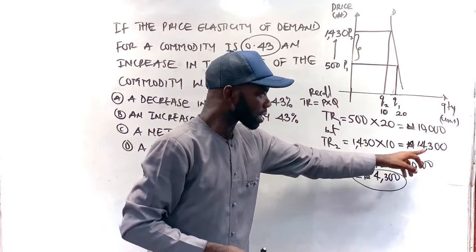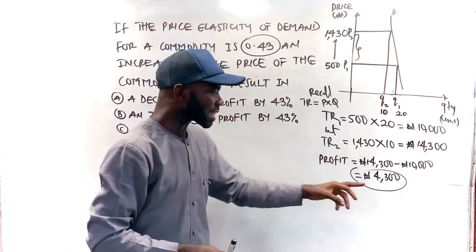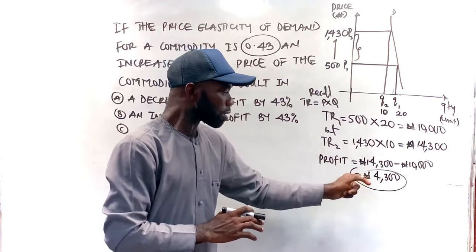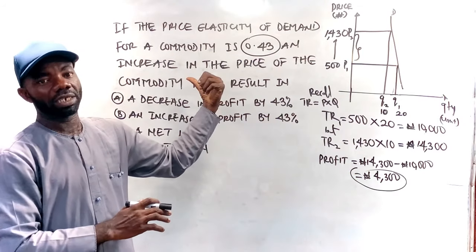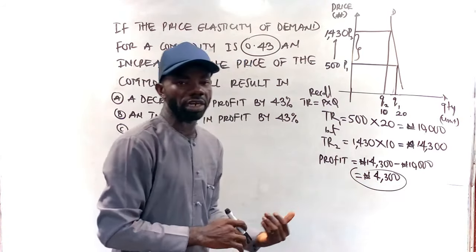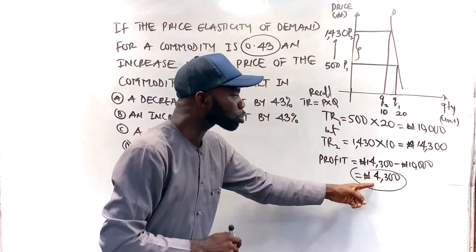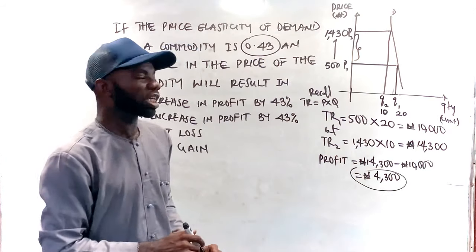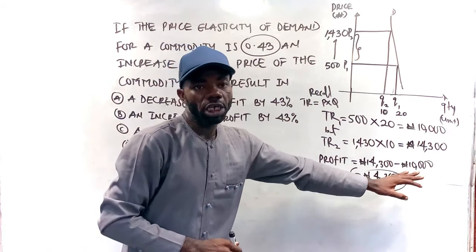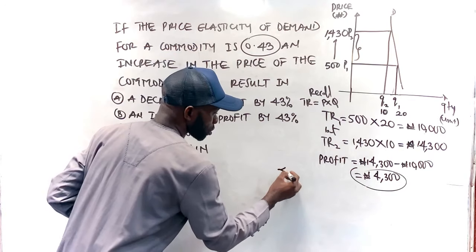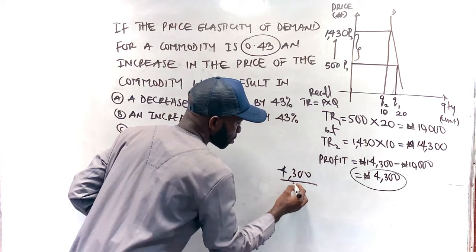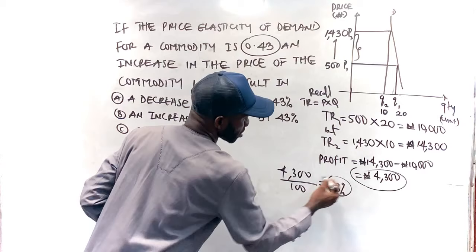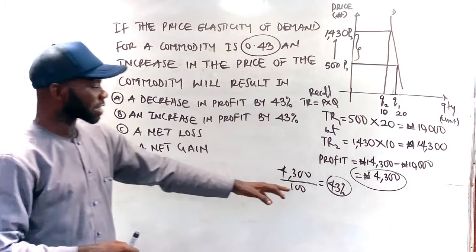Check the difference between 10,000 and 14,300. That's 43%. So we must make sure we reflect it back to the percentage. If this is 4,300 naira, the question is, compared to 10,000 where the journey is coming from, what's the percentage of this? Just do 4,300 divided by 10,000 times 100, this is going to give you 43%. So this guy makes 43%.